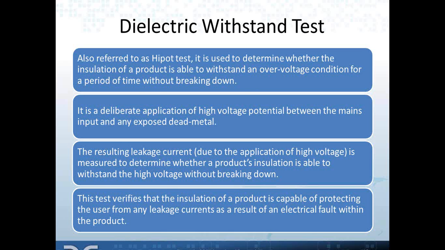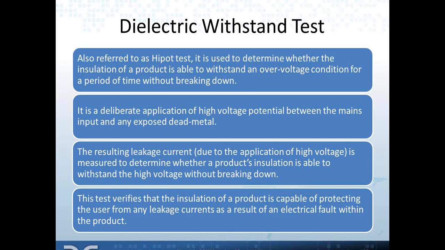This test is designed to basically stress the product's insulation far beyond what it would encounter during normal use, with the assumption that if the insulation can withstand a much higher voltage for a given period of time, it should be able to function adequately at its normal voltage level for the life of the product. And that's why we have the term voltage withstand test.